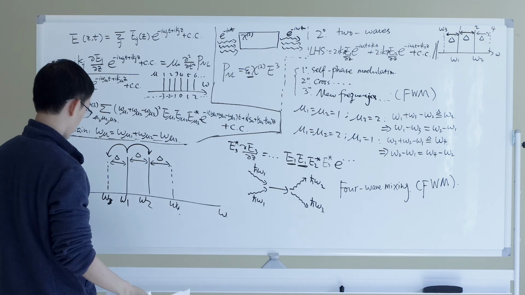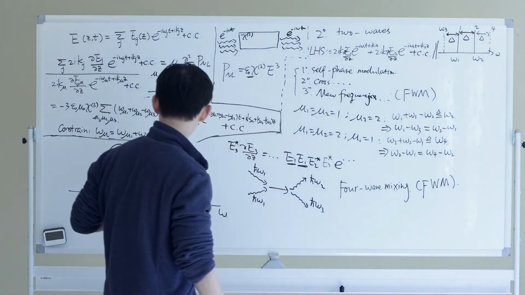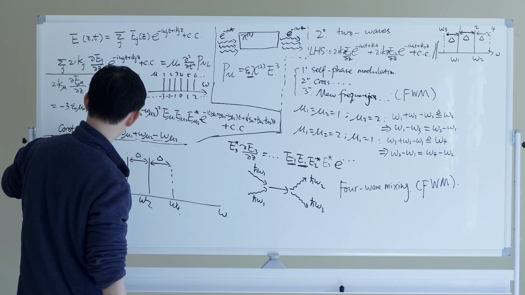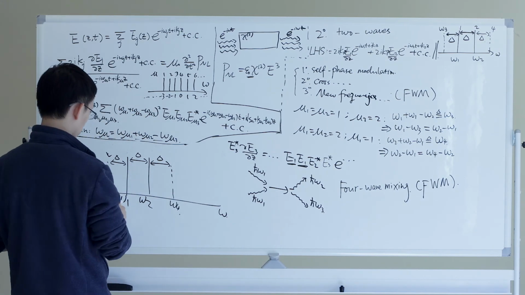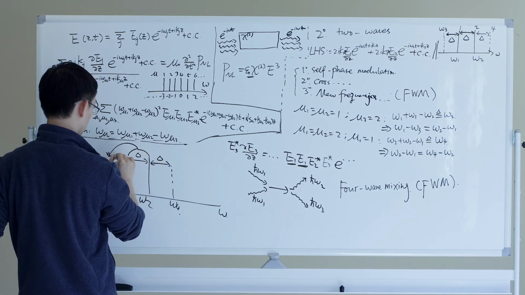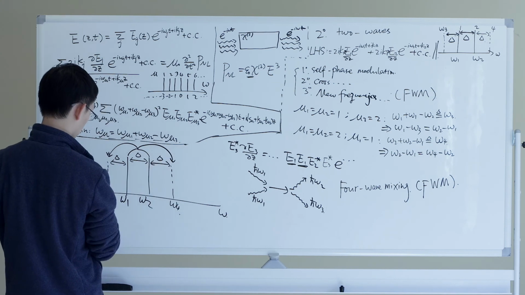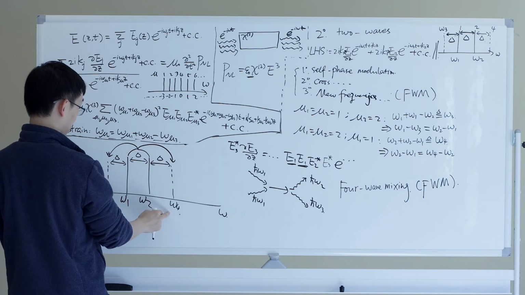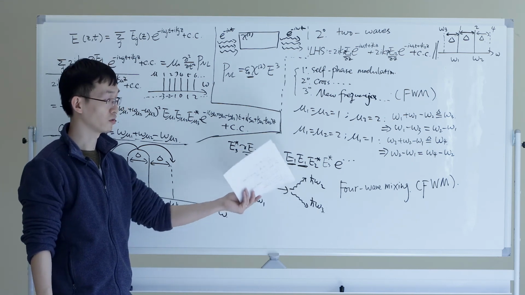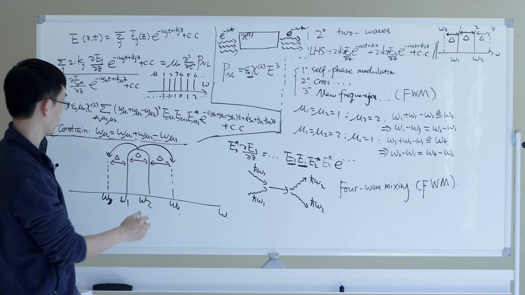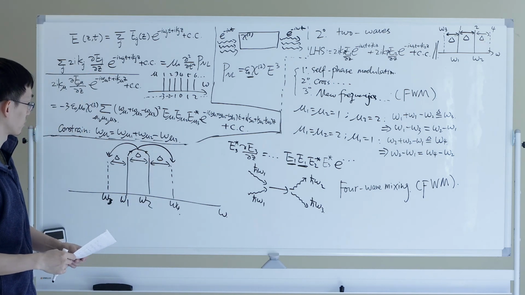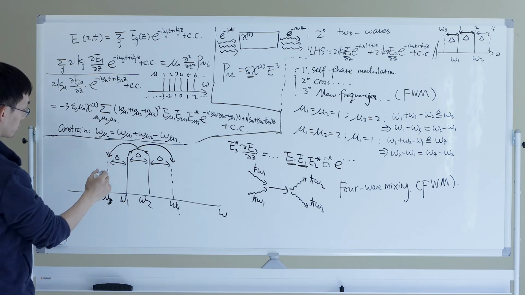There's another scenario: if one omega 1 and another omega 2 are annihilated, and then generate one omega 3 and one omega 4 photon, this process also conserves energy. Whether it happens or not depends on whether it conserves momentum, which means the phase matching condition.